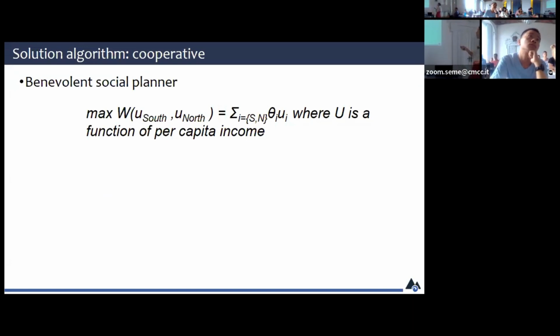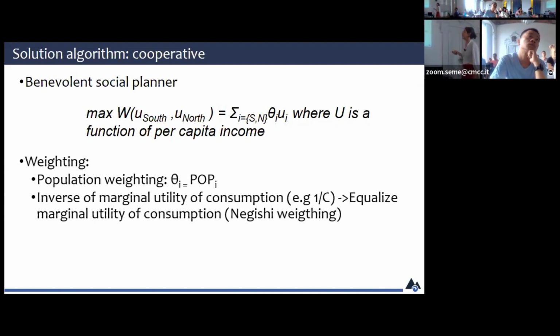And then, as I said before, here there is a weight. You can play with 2 weighting schemes. The first is the population weighting, and the second is the Negishi weighting. And if you want to go crazy about it, you can pick another set of weights and see what happens.